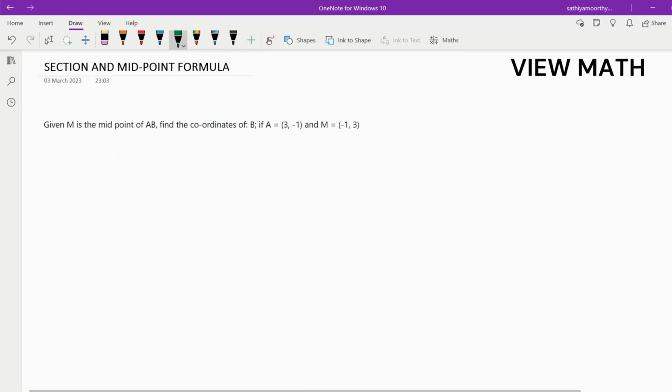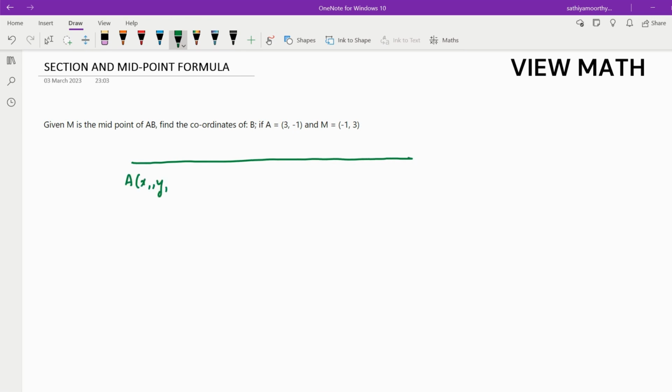Given M is the midpoint of AB, find the coordinate of B if A is (3, -1) and M is (-1, 3). So here AB is a line. This point is A, which is (x1, y1), and B point is (x2, y2), and here M is the midpoint, M is (x, y).